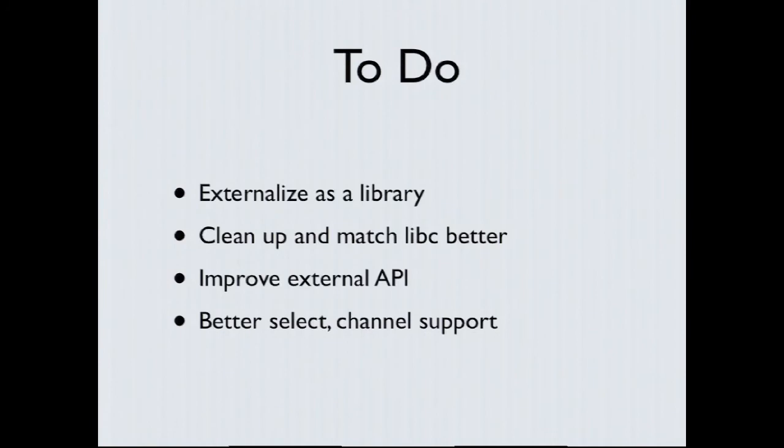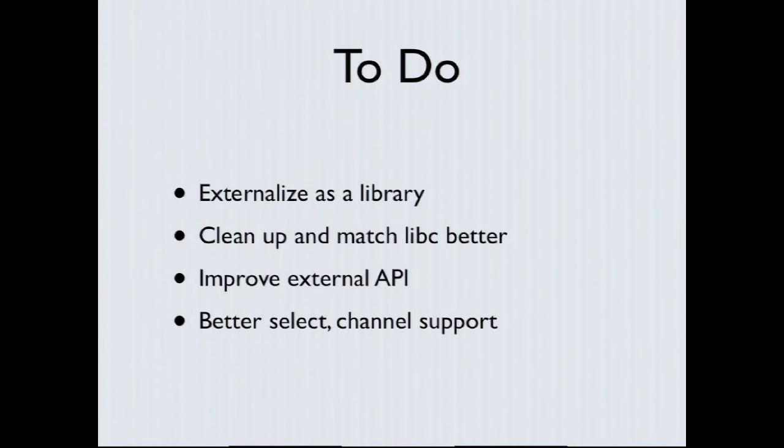All right, some to-dos here. This one has never actually been externalized as a library. There's a few hooks back into JRuby, specifically for managing the file no, the FD table that we have, for managing some of the reference counting stuff. But we can pull it out and make it externally a library if there's folks that are interested in having a very fluid, very flexible buffered wrapper around NIO, essentially.